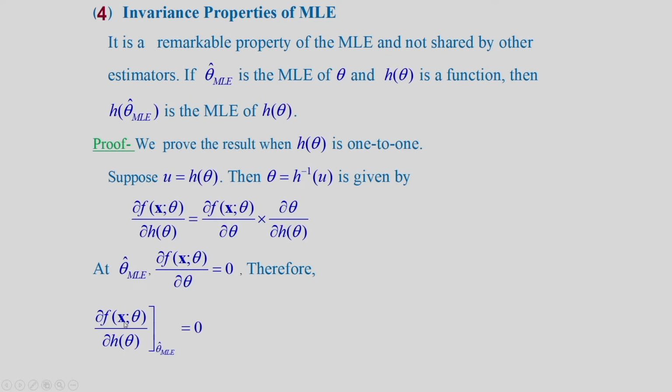Therefore, we will get del f(x; theta) del h(theta) at theta hat MLE is equal to 0. So, this will imply that the maximum likelihood estimator for h(theta) will be h of theta hat MLE. So, h of theta hat MLE is the MLE of h(theta).